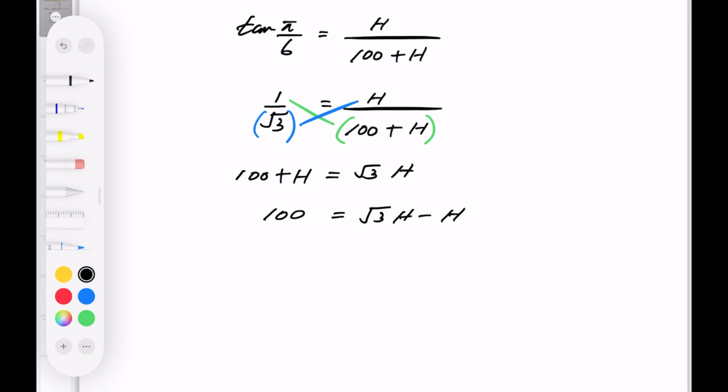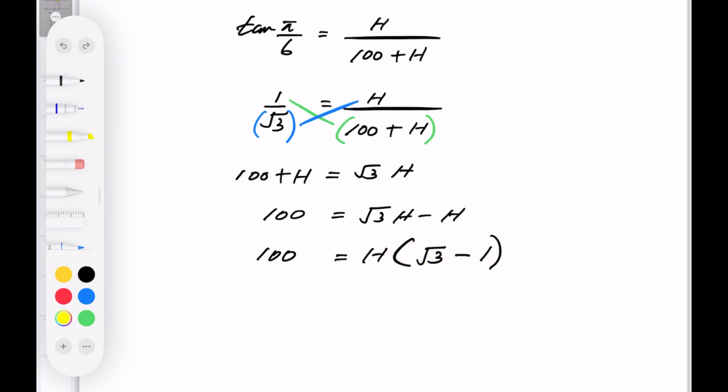Now what? I can factor out h from the right hand side. Then I have 100 on the left hand side, and on the right hand side, once h is factored out, the first term is square root 3, minus 1. Now, in order to isolate h, I need to divide both sides by square root 3 minus 1.